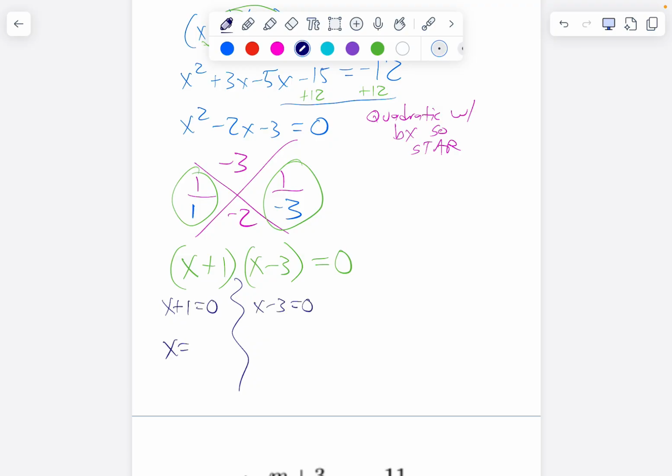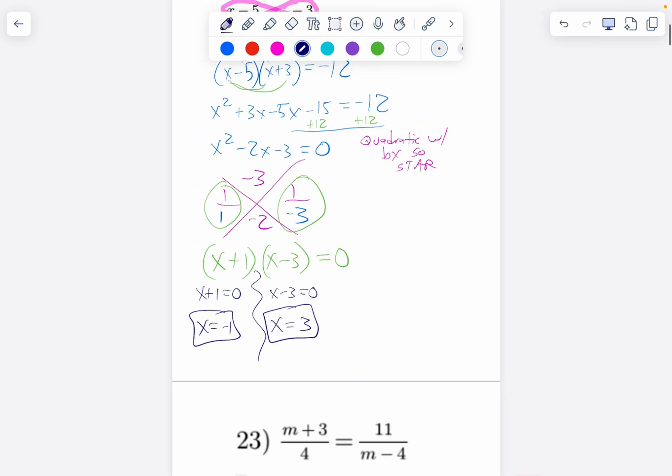And we'll get x equals negative 1, x equals 3. In geometry, what would we need to do with those two? Plug it in. Yeah, plug both in and make sure that they don't make something like a length or an angle negative. Now, we won't be doing proportionality with angles because our angles will be congruent instead.